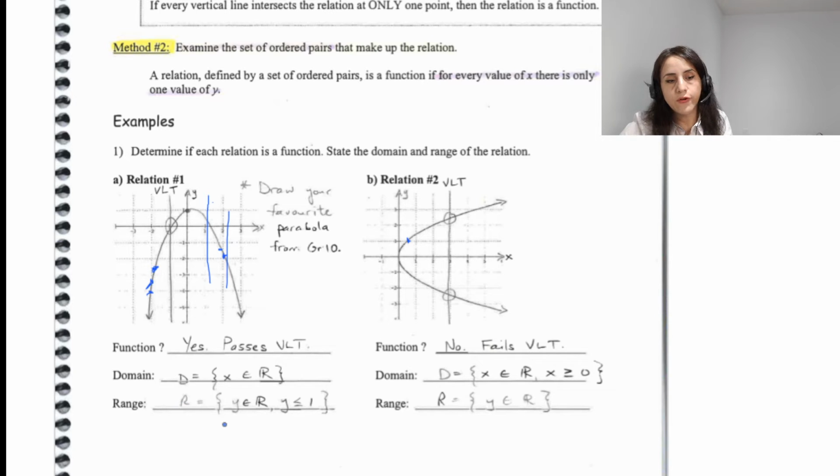But when I'm going for range, y is again an element of real numbers, because it's including negative values, positive values, decimals, fractions, and everything. But let's see if there's any restriction for the y value. Here, as you see, the y value is stopping here.